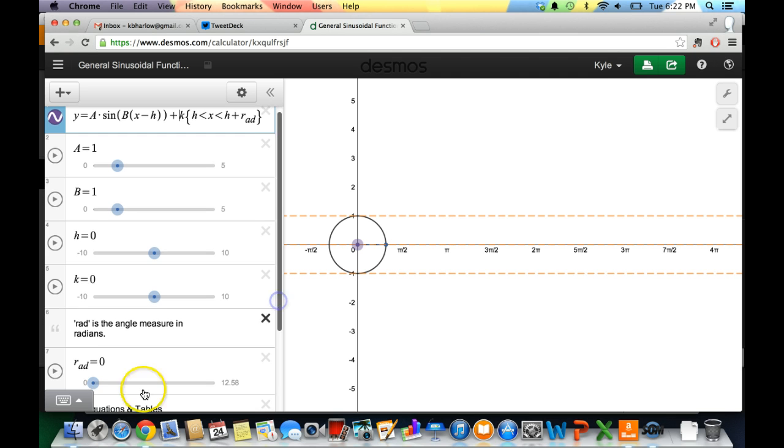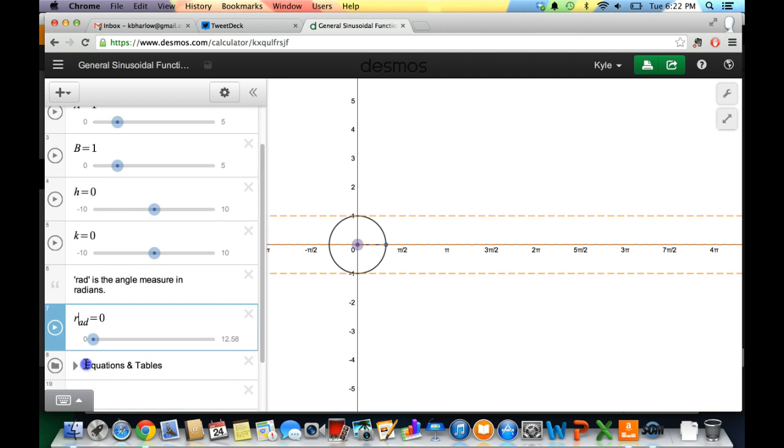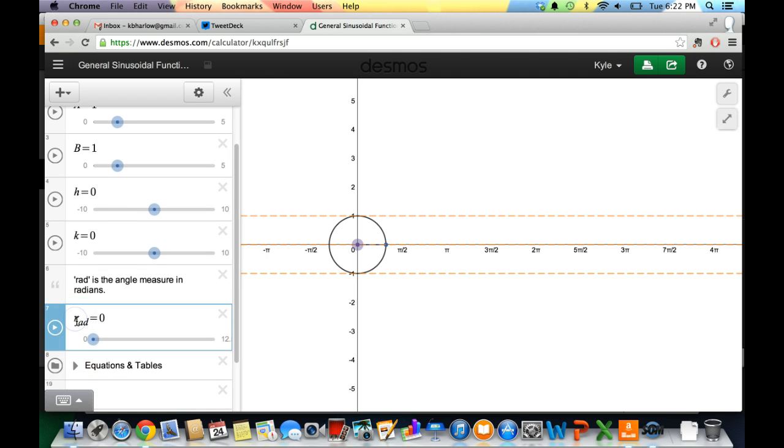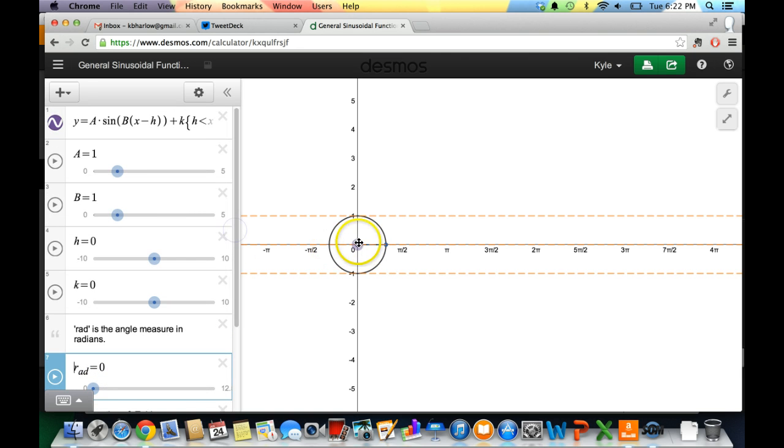The key part here is the variable down here called r, or r sub rad, which stands for radians. That's the angle measure that gets changed. If we look over here, we can find the unit circle, and the center is highlighted there in purple. So let's take a look at what the sine function does when we generate.